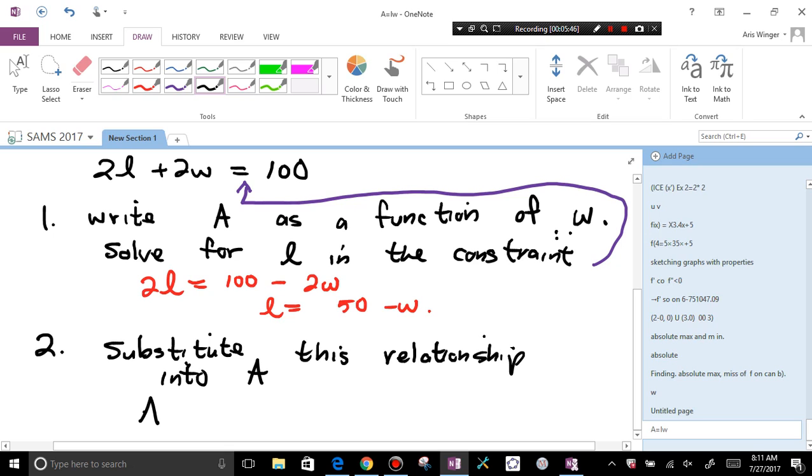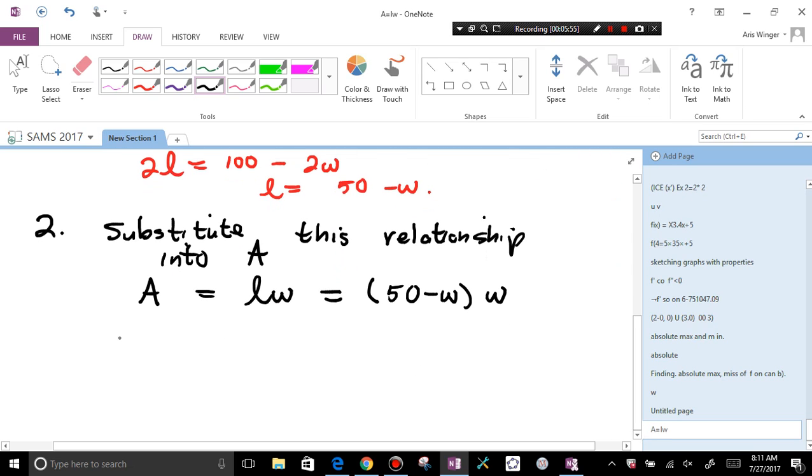A is L times W, but we just found out that L is actually 50 minus W, times W. And so A is a function of the width alone. It's 50W minus W squared.